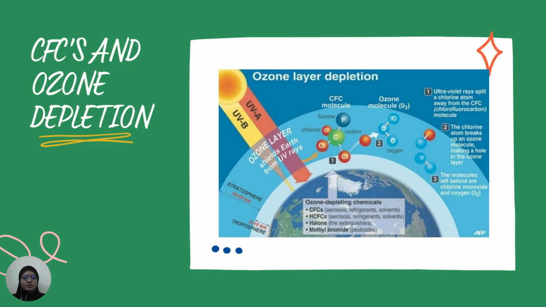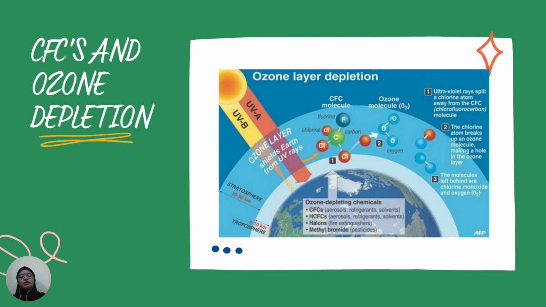At the stratosphere, the ultraviolet rays split a chlorine atom away from the CFC molecule. Then the chlorine atom will break up an ozone molecule, which will produce two molecules, chlorine monoxide and oxygen. When the ozone molecule breaks, it will make a hole in the ozone layer. So that is how the ozone layer depletes.